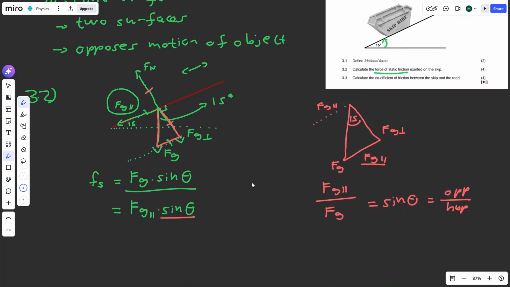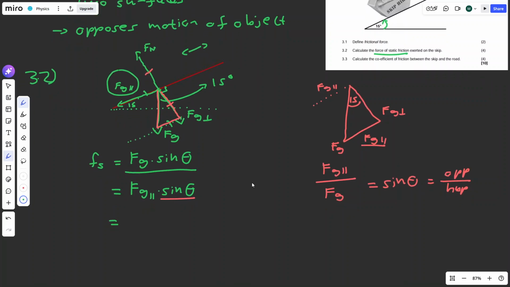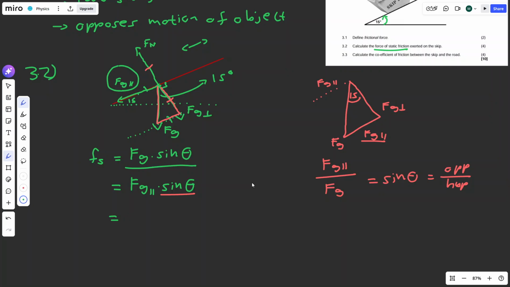And if you were to find Fg perpendicular, you would use cos of theta instead. But anyways, let's continue. So this is our formula for static friction: Fg parallel times sine of theta. Let me just fix something here.